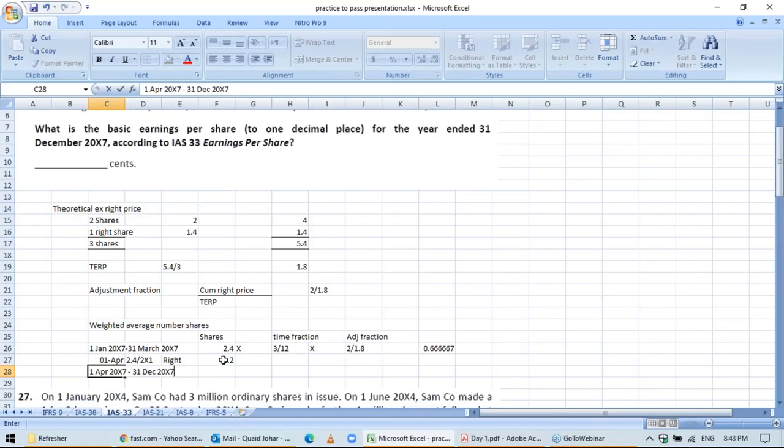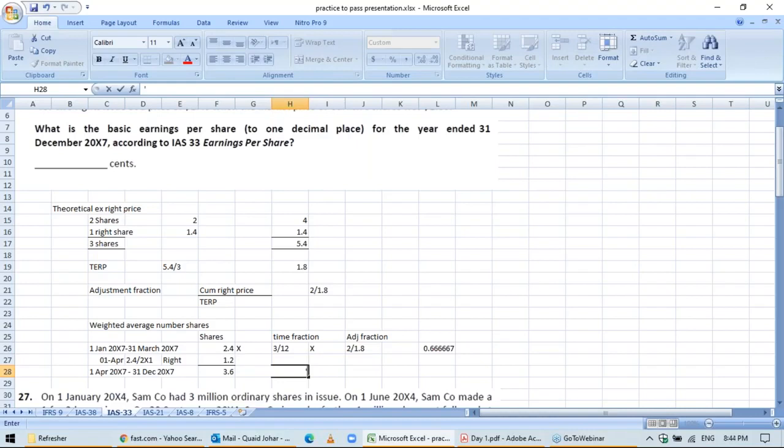So now the shares are outstanding for 9 months. The total number of shares is now 3.6 million, and you will multiply it by 9 divided by 12. The adjustment fraction is not applicable over here. Why? Because the adjustment fraction will be applied to the shares outstanding prior to the right issue.